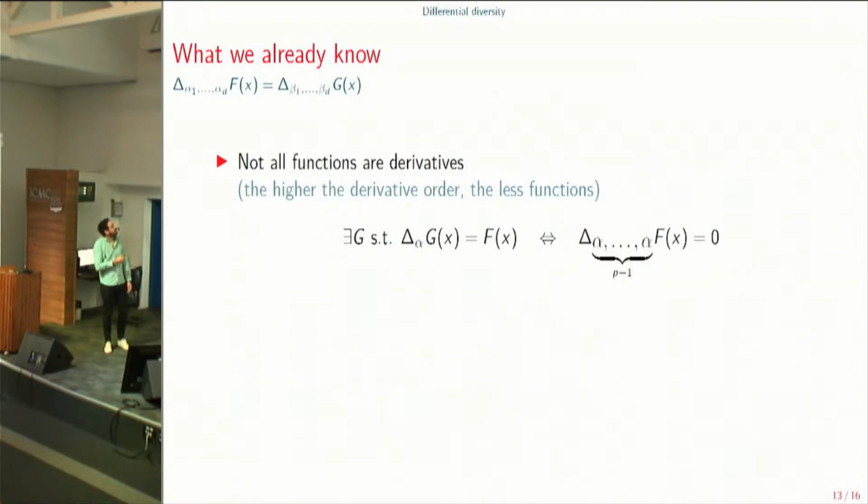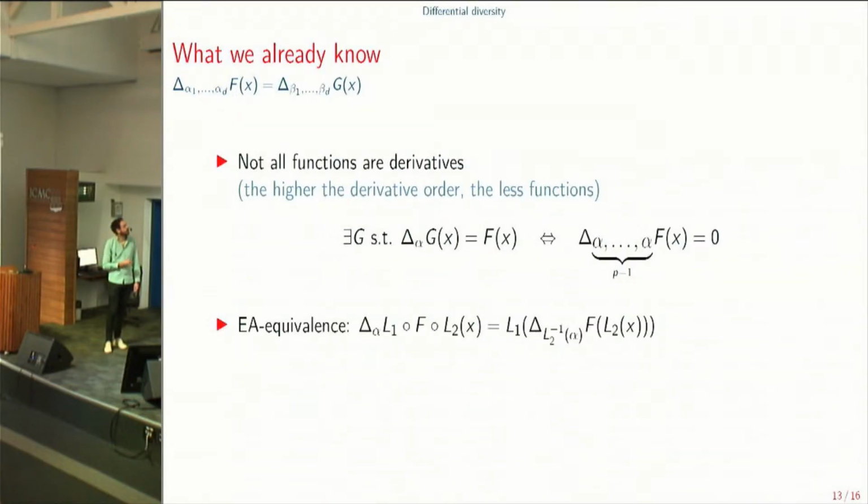Well, we know that not all functions are derivatives, and a function is a derivative, meaning there's a g that derives into this function, if and only if the generalized differential is 0. We also know that if you look at EA equivalence or linear equivalence, you have a first order matching, and it's kind of boring, but it works.